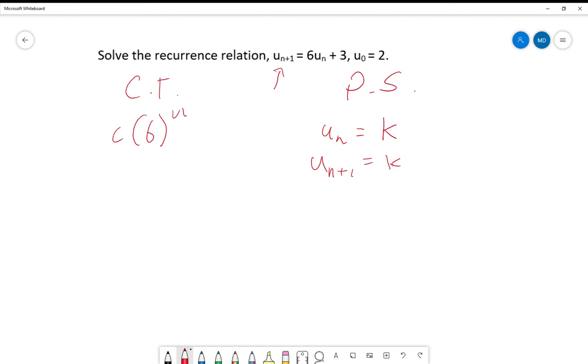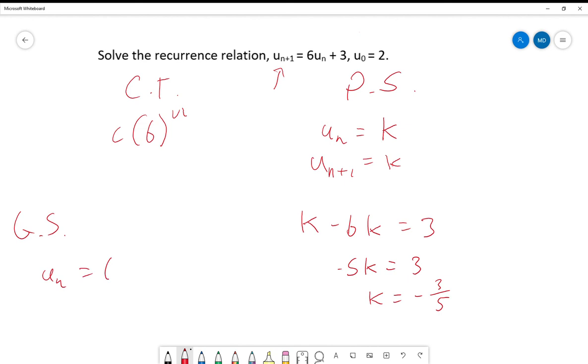And then we plug that in to find out what k is. So we're going to get k minus 6k is equal to 3, and we get minus 5k equals 3, and so k is equal to minus 3 over 5. Our general solution is then un is equal to c times by 6 to the n minus 3/5, and we just need to plug in our initial condition, which is when n equals 0, un is 2.